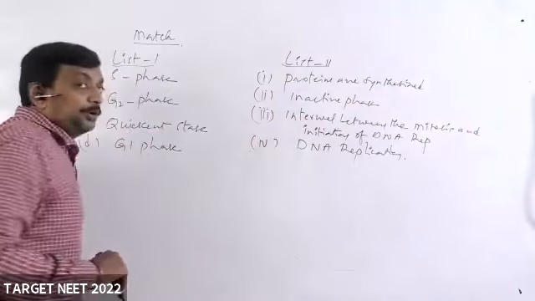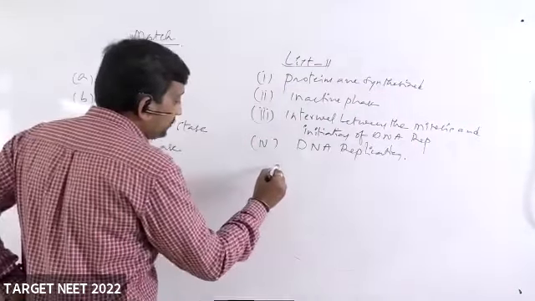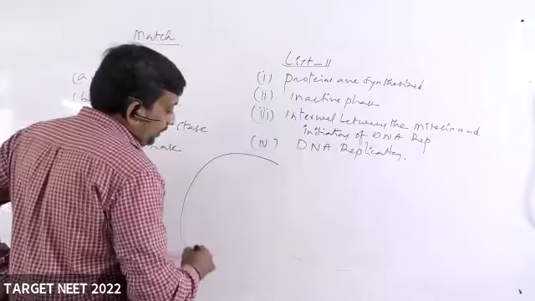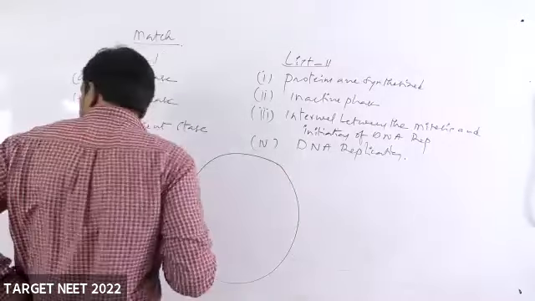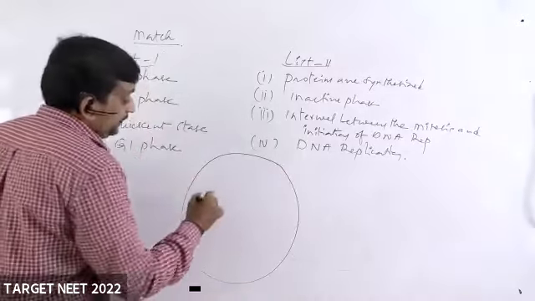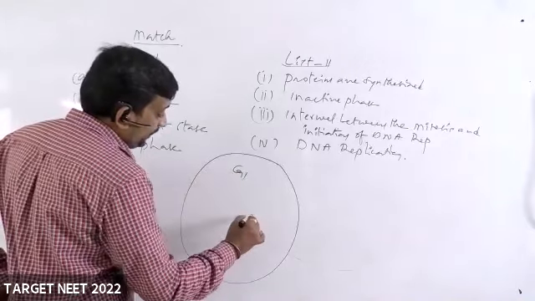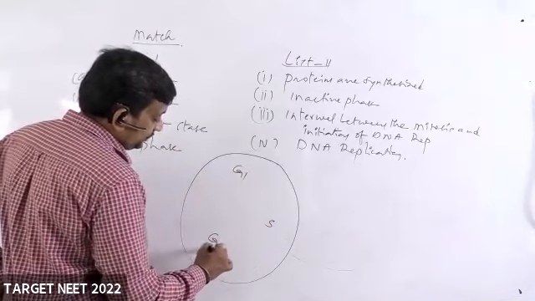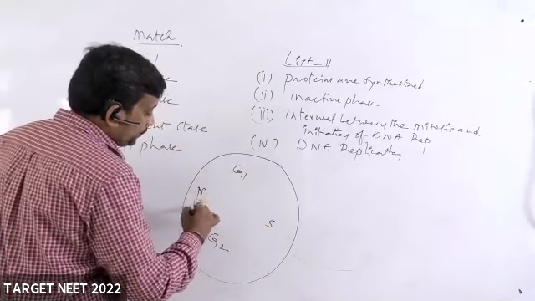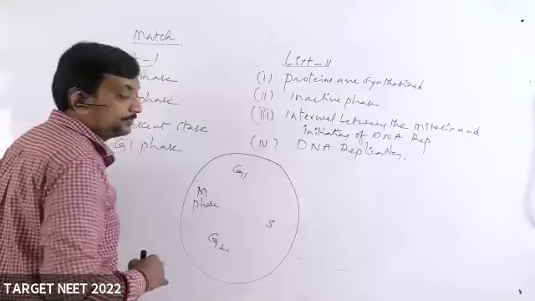Now, before going to this, we have a brief explanation. The interphase is divided into G1, S, G2. This phase is what we call the M phase.